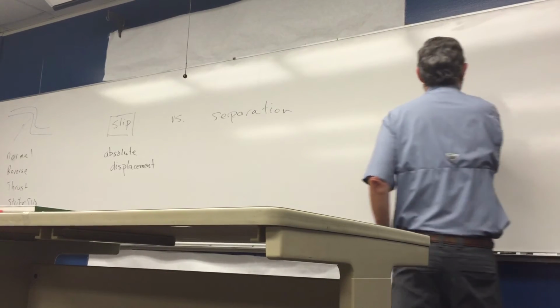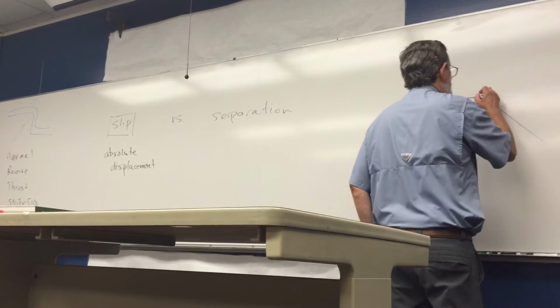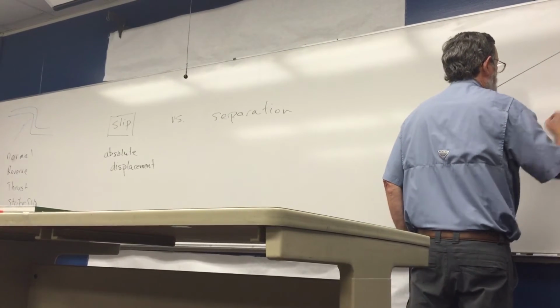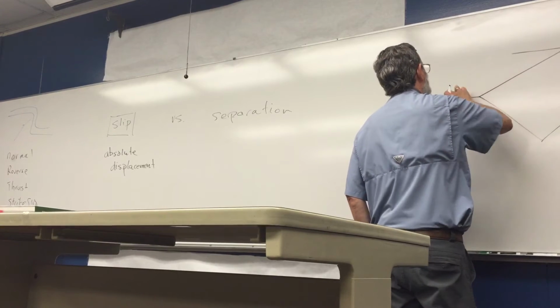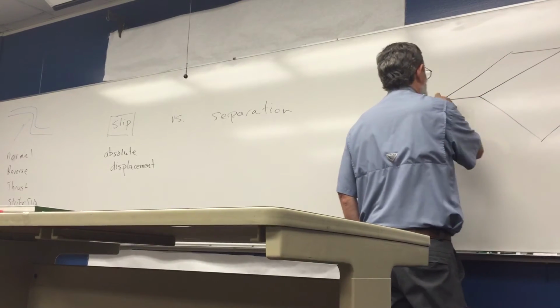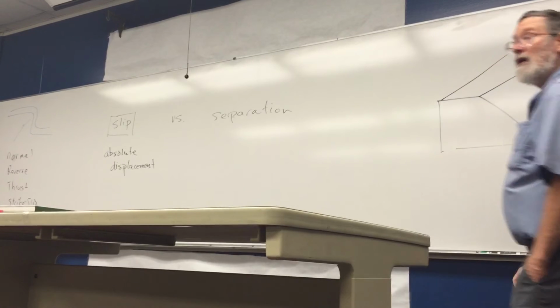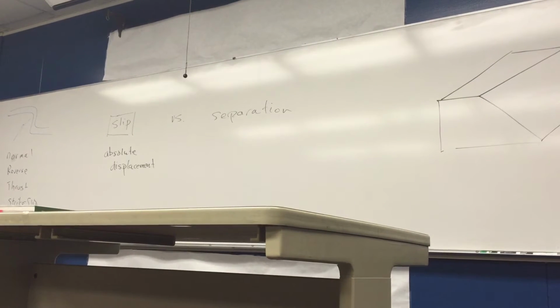So in slip, we can imagine, if you will, we're going to have a fault plane here. Okay, so we have a block. Imagine, if you will, the upper block here is there but invisible. We're going to displace this upper block down and a little bit to the side.